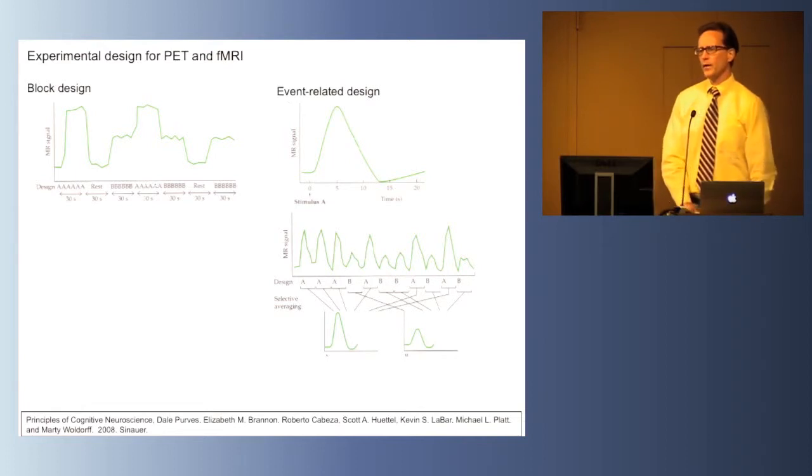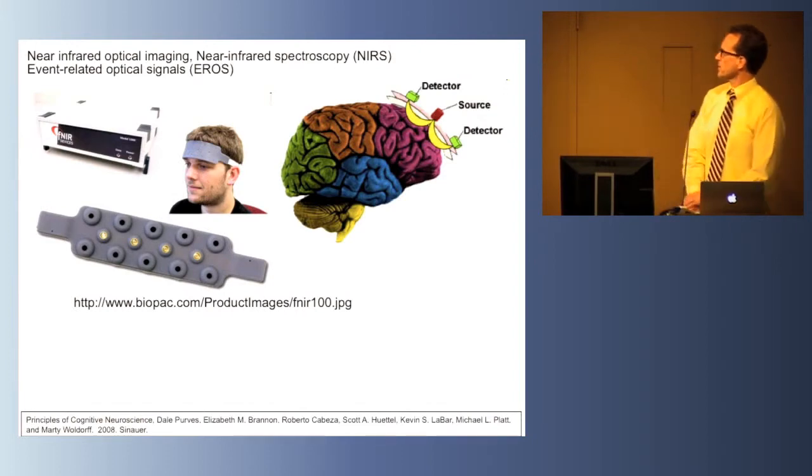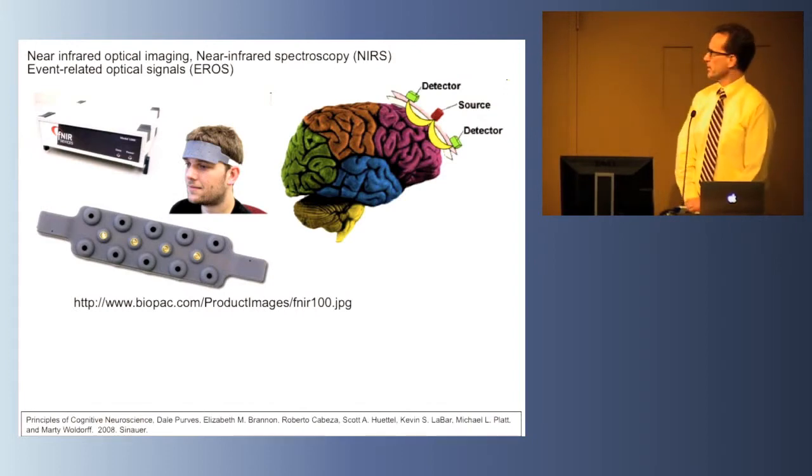Now, fMRI requires this large piece of equipment. It will be done typically in a hospital setting, although some of our colleagues have put an fMRI magnet in a tractor trailer and taken it to prisons and so on. But it's not the most portable and easiest to use device. This is a device that can be used by almost anybody.